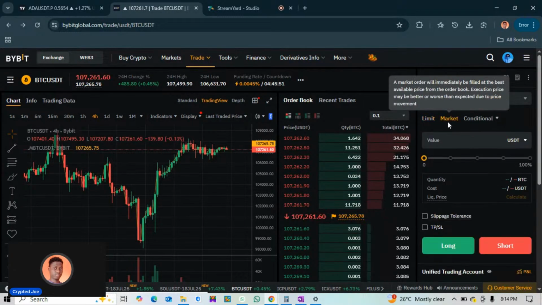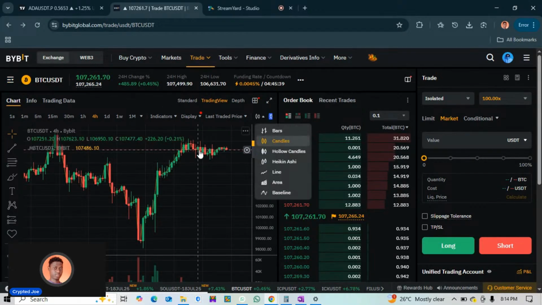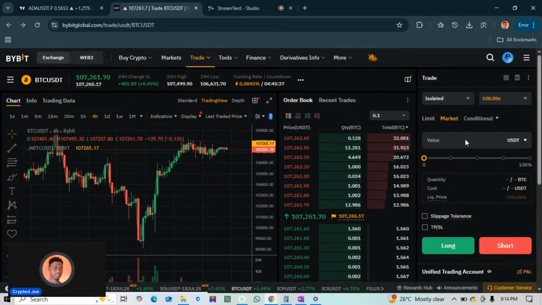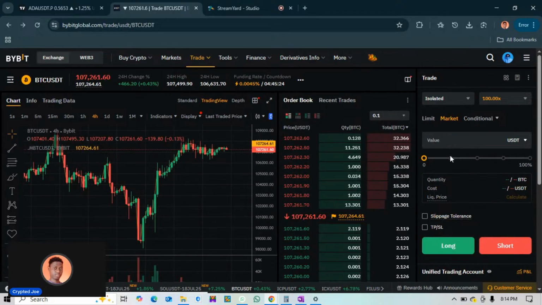Then market simply means entering the trade immediately, using the current price it is. For example, now this is BTCUSDT. So if I want to enter this trade now using market, once I set a particular percentage of my portfolio or balance, let's say 5% or 10%, and I click on long or short, I will be positioned into the trade immediately.